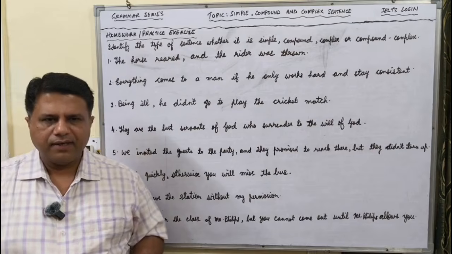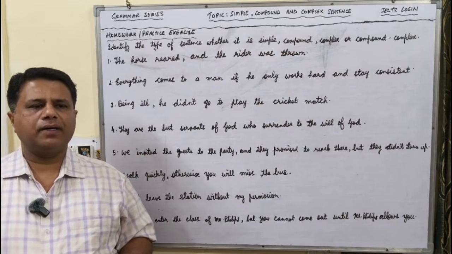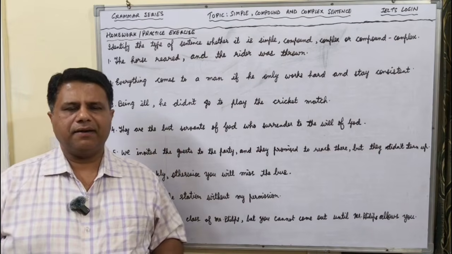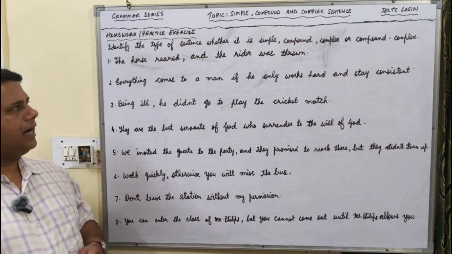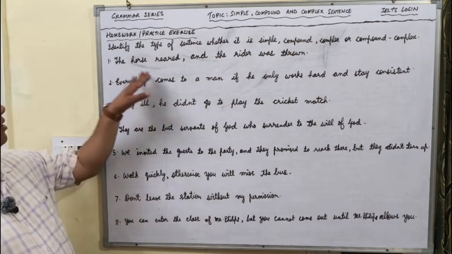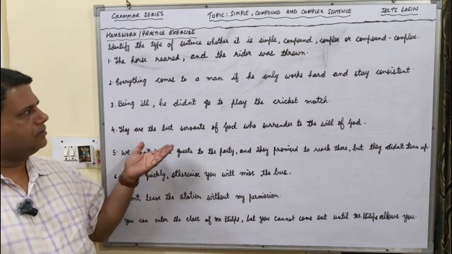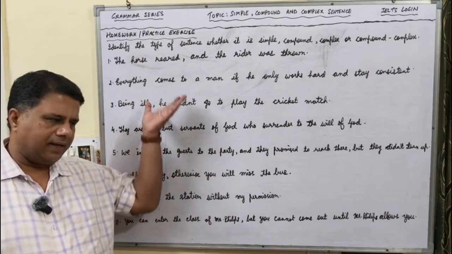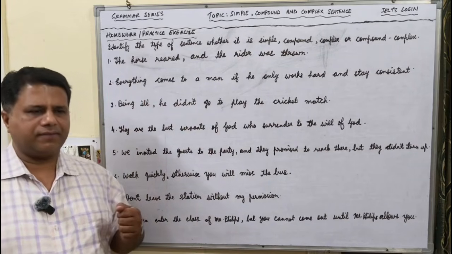Welcome back to the class. I hope you must have paused the video and done your homework honestly. Now let's have the answers. The first sentence is, the horse reared and the rider was thrown. Now I will not underline the clauses or write everything, otherwise it will take a lot of time.